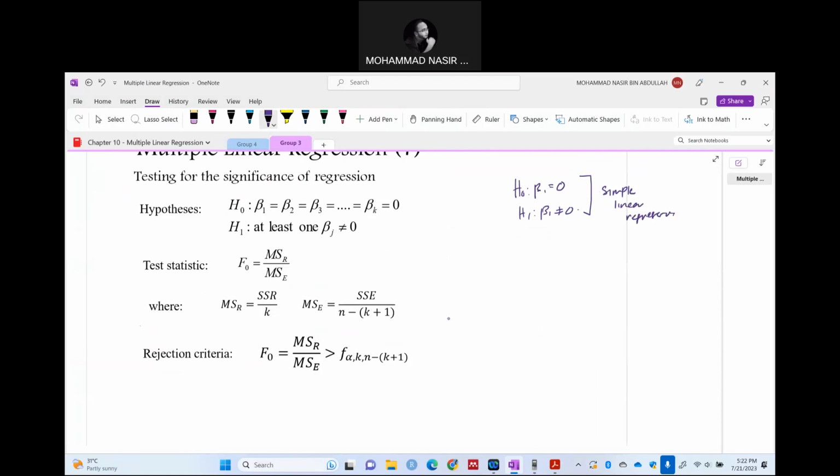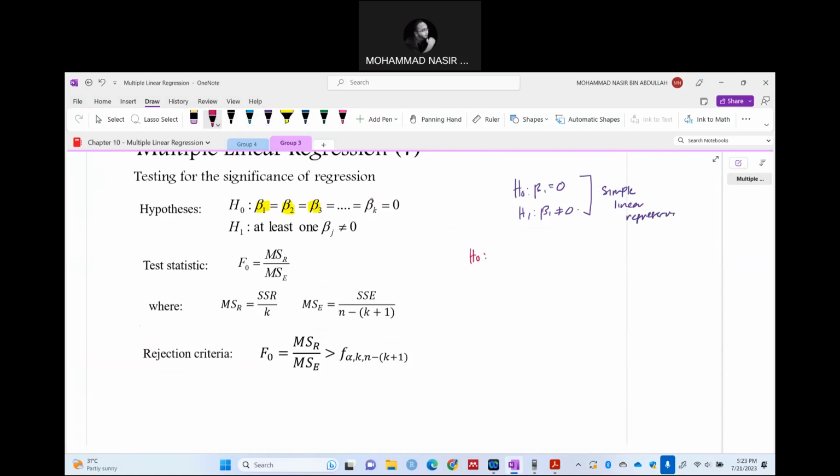In multiple linear regression, we have many independent variables, so it can be tested by using null hypothesis beta 1 equal to beta 2 equal to beta 3. It depends on how many variables you have. Let's say you have only 2.